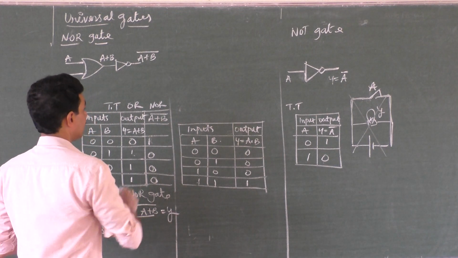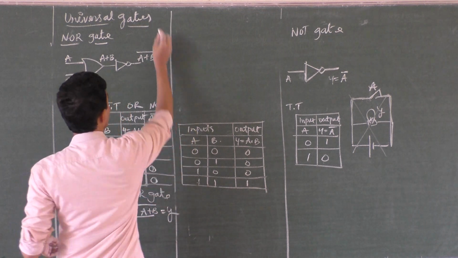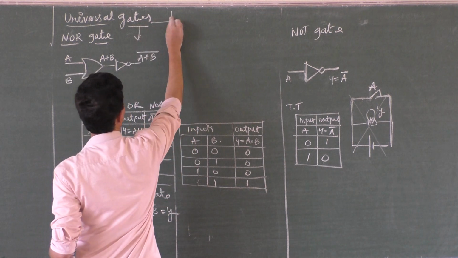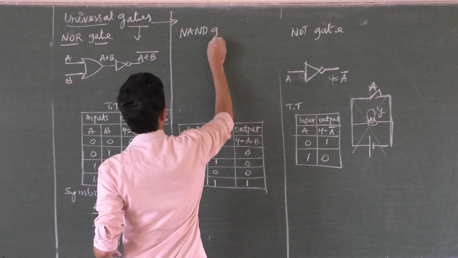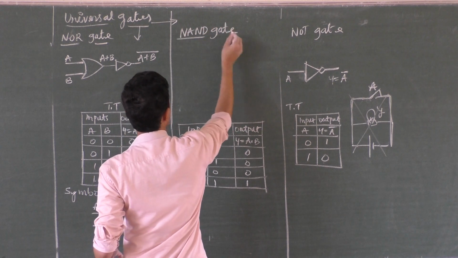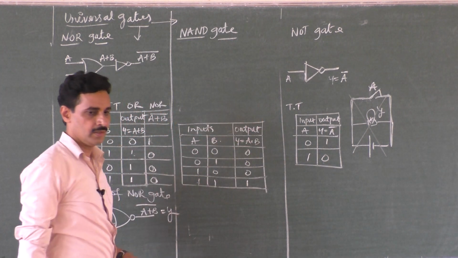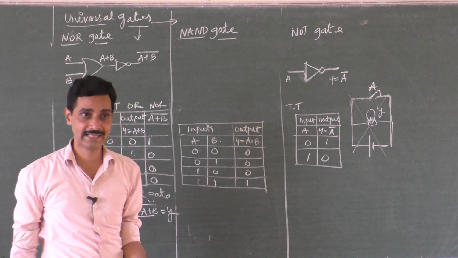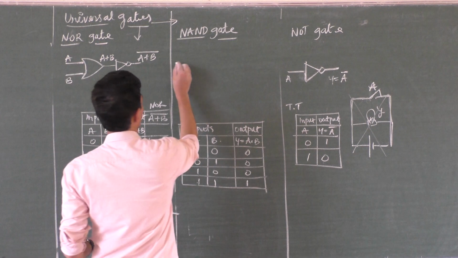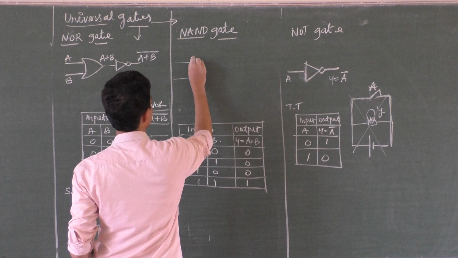Now you go to another universal gate, the NAND gate. How do you construct a NAND gate? NAND gate is a digital logic circuit obtained by connecting a NOT gate to the output of an AND gate. AND gate is like this.